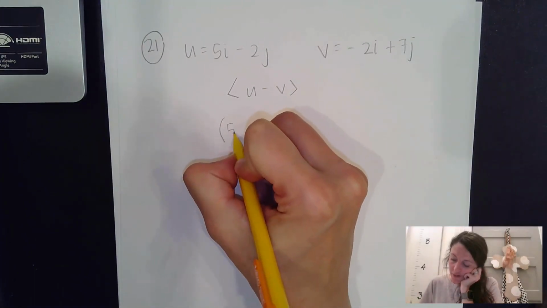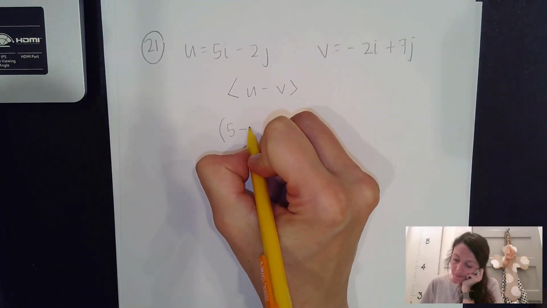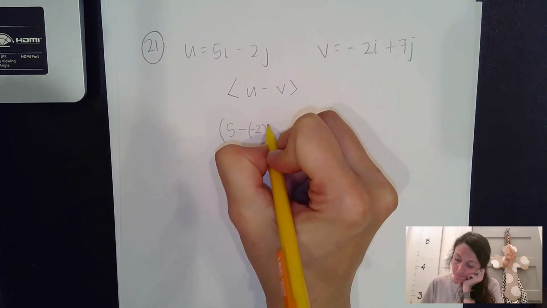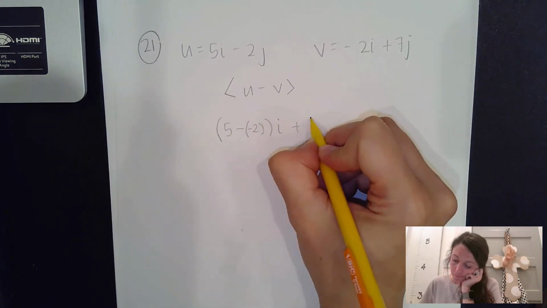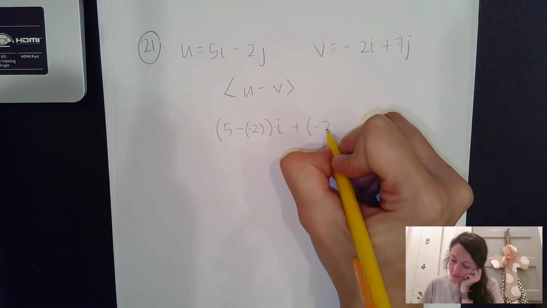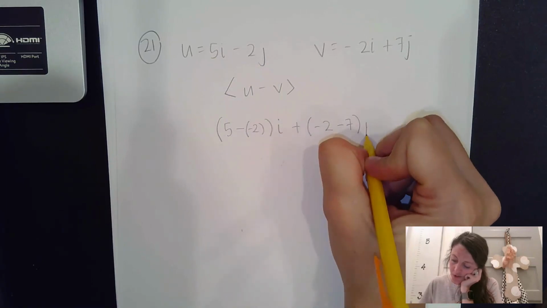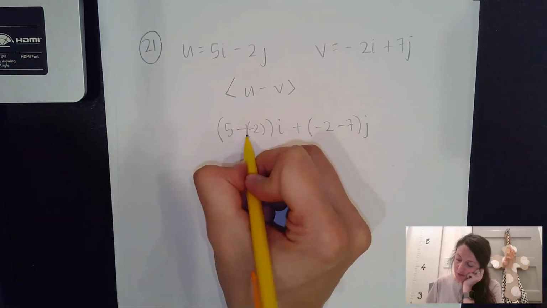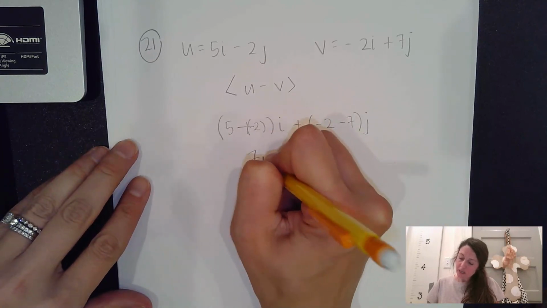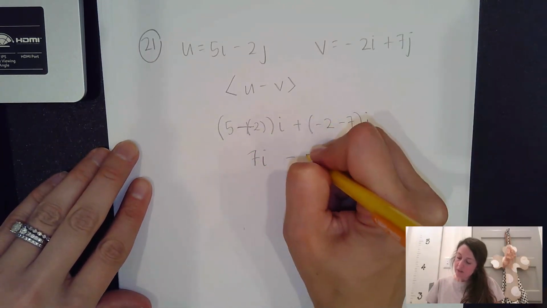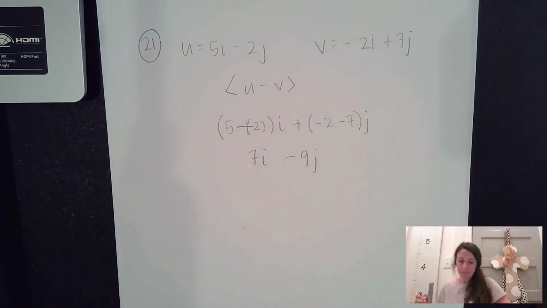So I would say 5 minus a negative 2 i plus negative 2 minus 7 j. This turns into a positive, so this will be 7i minus 9j.